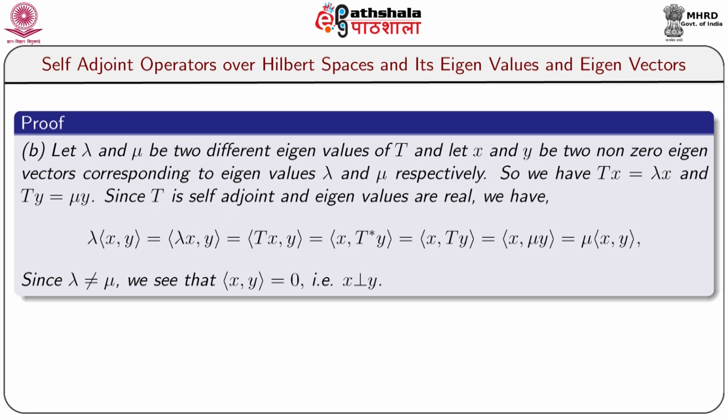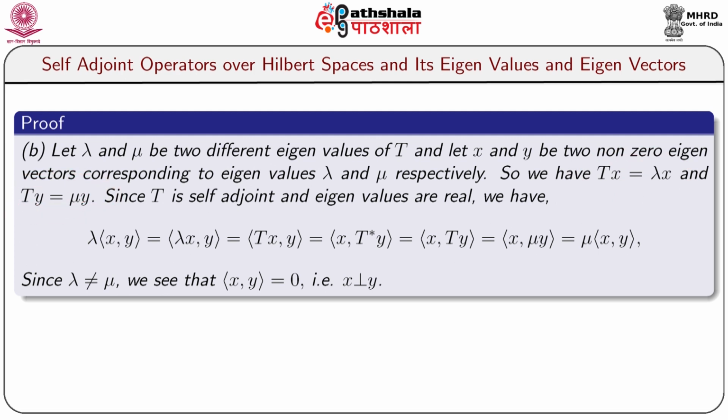For the proof of the second part, let lambda and mu be two different eigenvalues of T and let x and y be two non-zero eigenvectors corresponding to eigenvalues lambda and mu respectively. So we have Tx equals lambda x and Ty equals mu y.